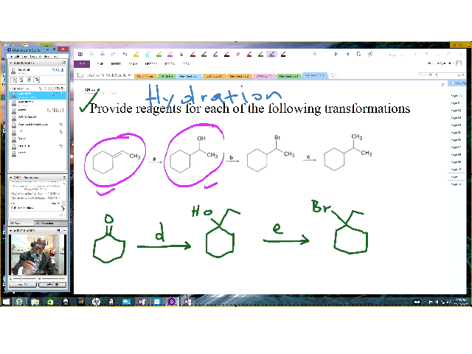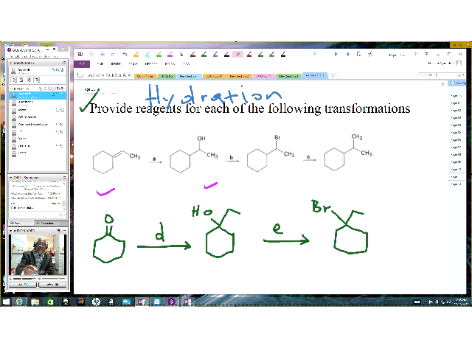And what that means is, since we are adding the elements of water, we are going to add hydrogen to this carbon here, and to this carbon here, we are going to add the hydroxy group. And that is an anti-Markovnikov addition of water.